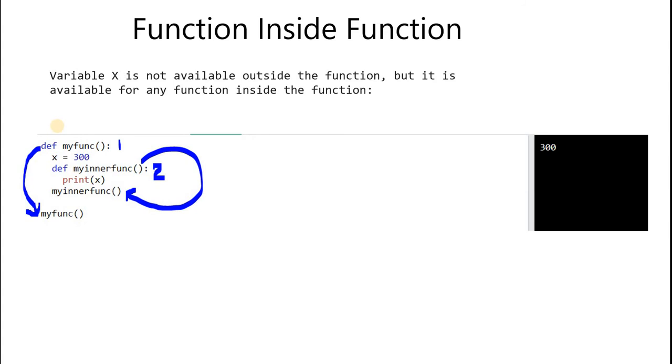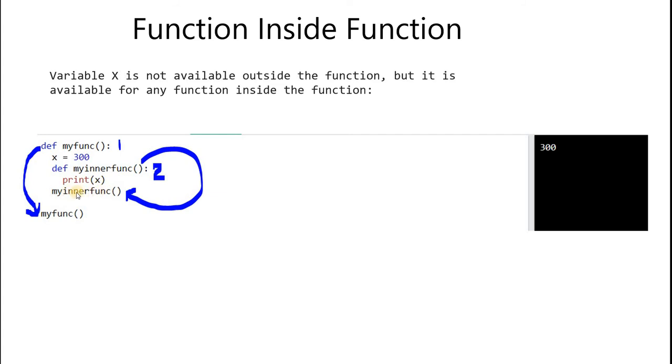Now guys, variable x is not available outside the function, but it is available for any function inside the function. So this is called function inside function, right? So I have created a function. This is the definition. Again, I use my function followed by a colon. In that I use x is equal to 300. Inside that I created another function, my inner function, and printed x, right?